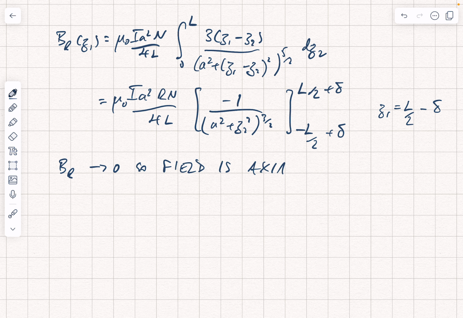And that's true for a finite but long solenoid, as well as the infinite solenoid, which we deduced using Ampere's law.